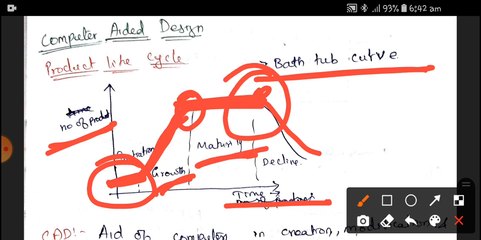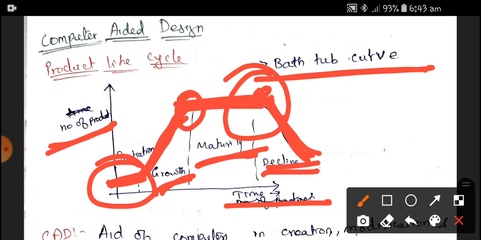In the maturity stage, the manufacturing and production can be done, and it goes to the market for hitting the market and survey. Once time goes on, every product has a decline stage, where if its trend is over, it will decline. So those are the stages in the product life cycle.